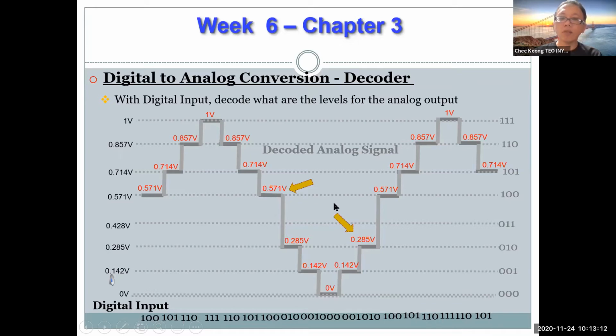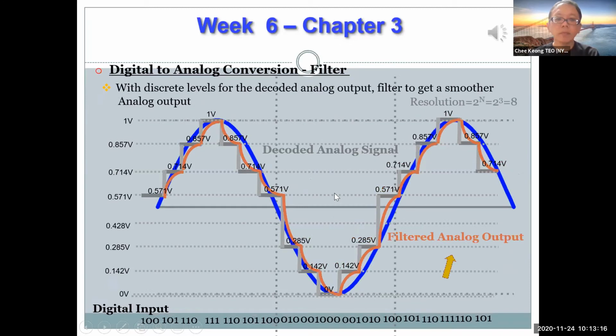So there's another step that follows. To smoothen the effects, we use a low-pass filter to filter away the higher frequency odd harmonics. The orange filtered signal is closer to the blue original signal than the gray decoded staircase signal. Okay, I'm going to explain this further by showing you some slides.